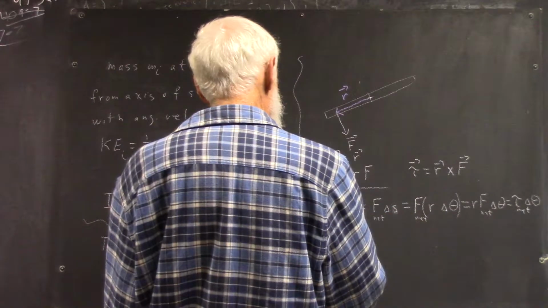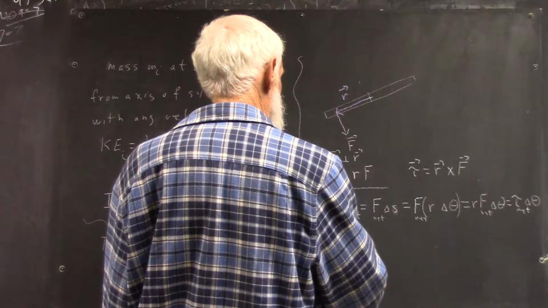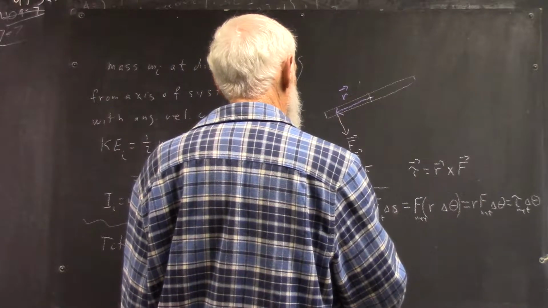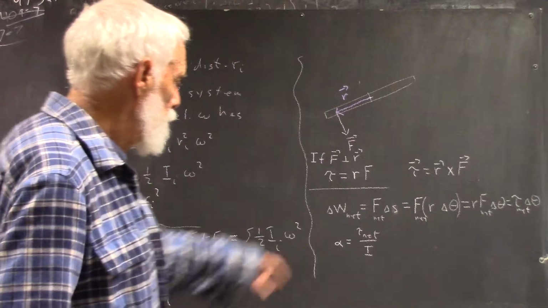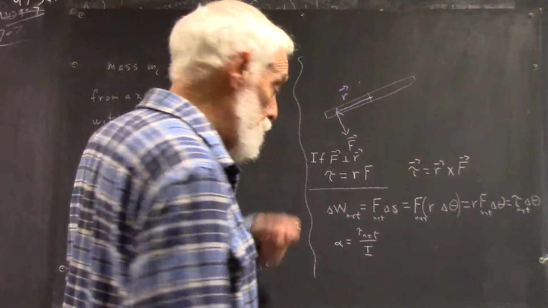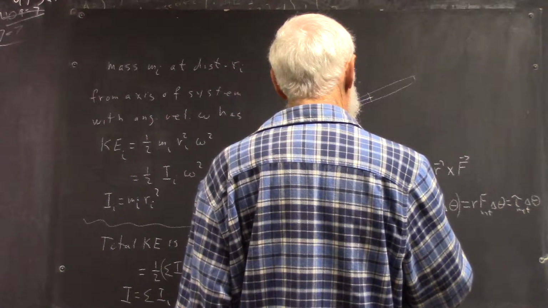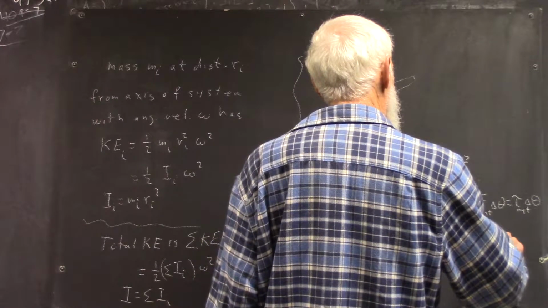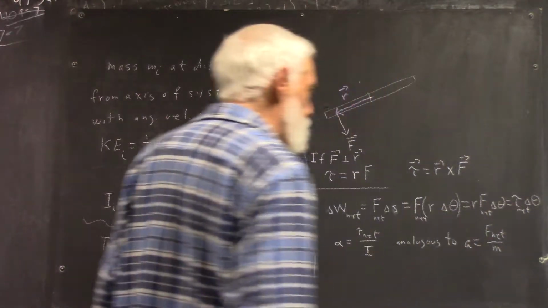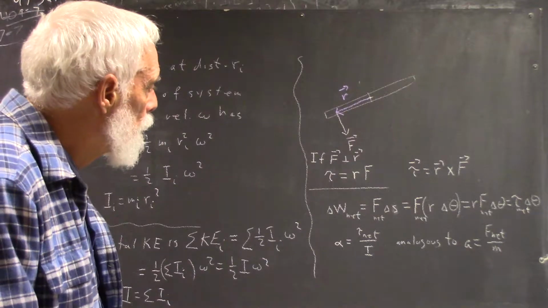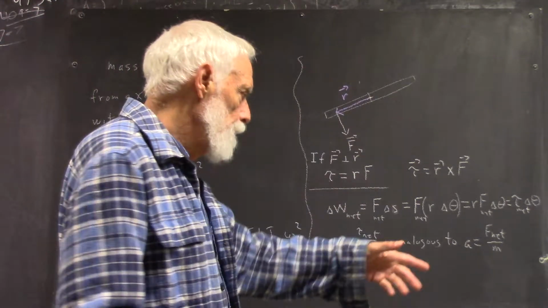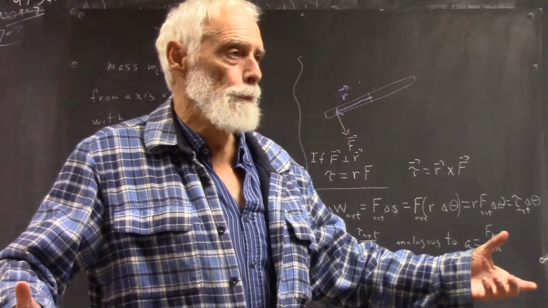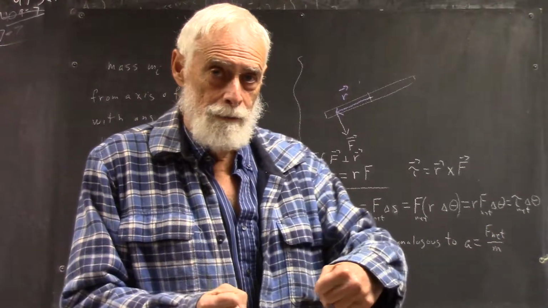The other is angular acceleration is equal to the net torque over moment of inertia, which is analogous to A equals F net over M. This tells us that, well, common experience: you take a 2x4 and you grab it at the middle and you turn it.